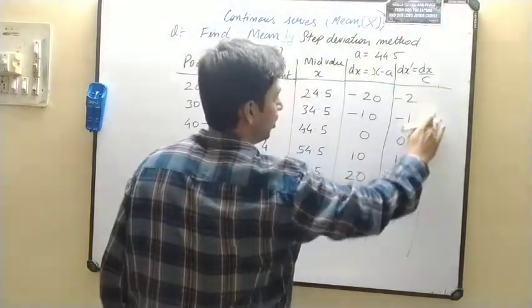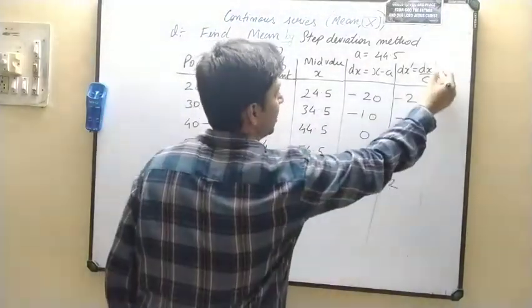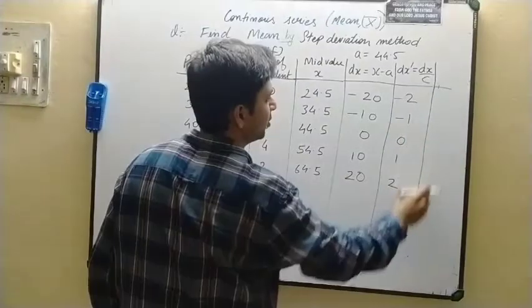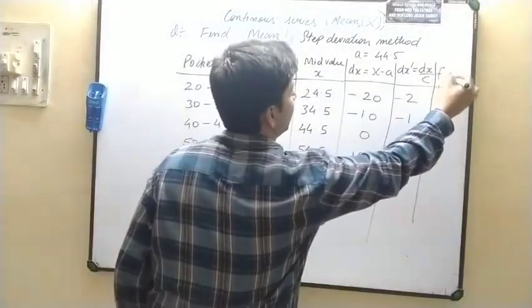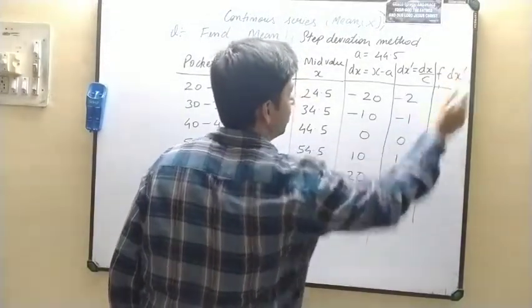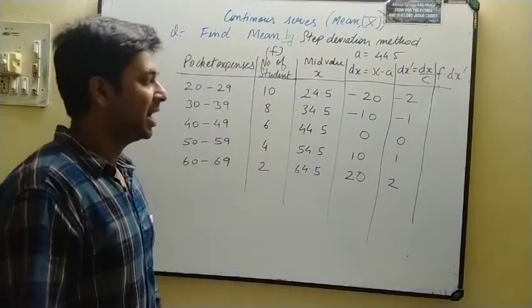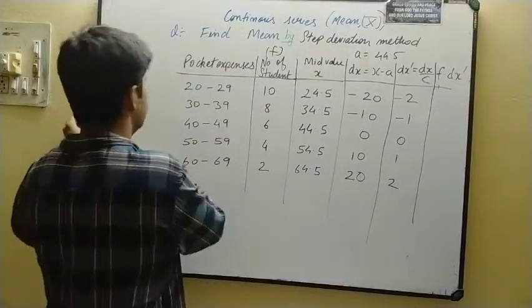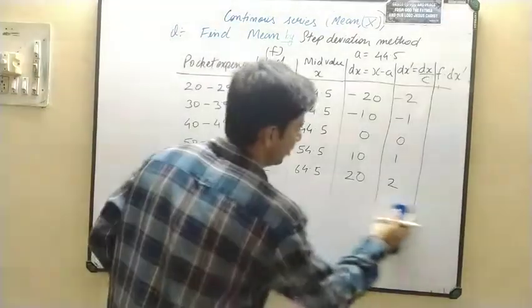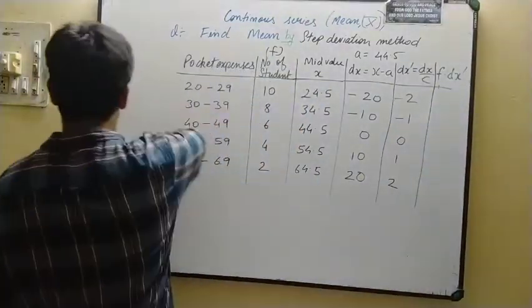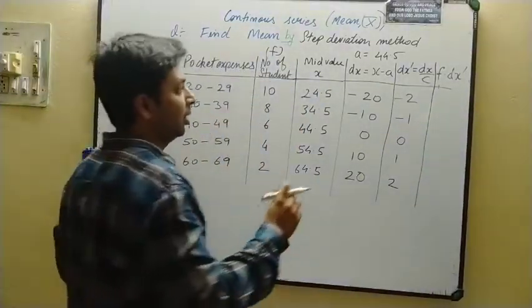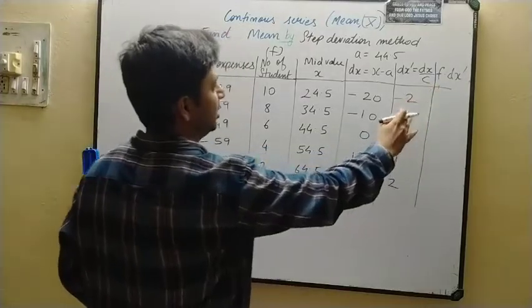Okay, so let us make some space for the fdx column also. Now the last column will be the fdx dash column, of course. So for that I need to make some space.